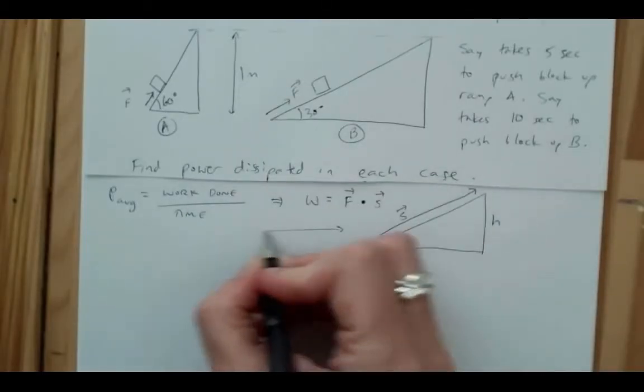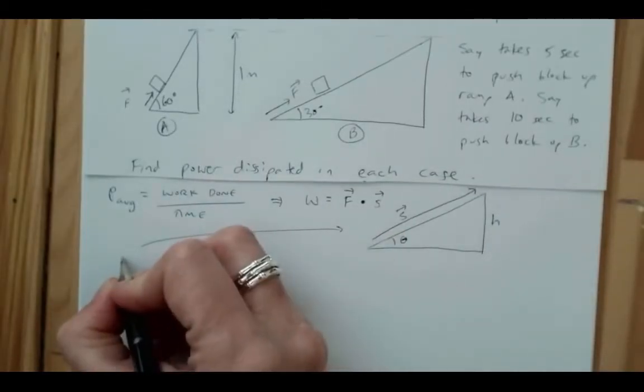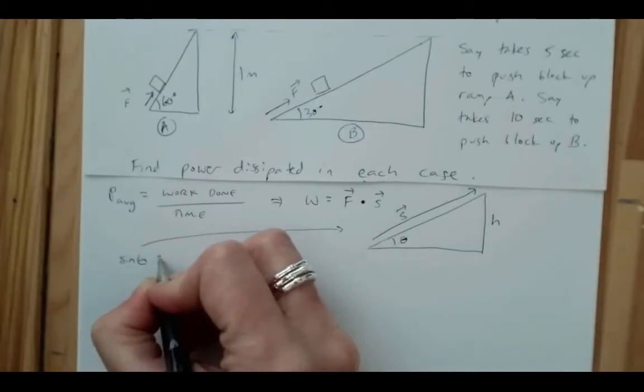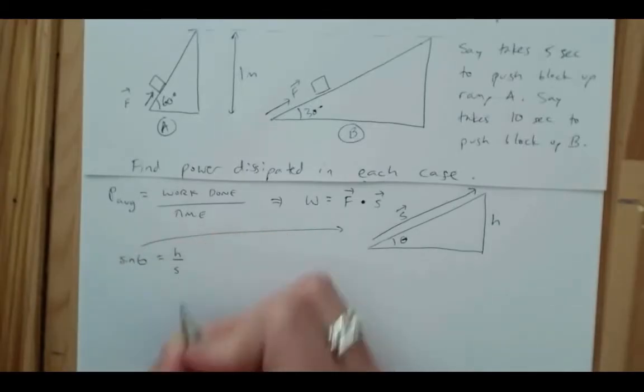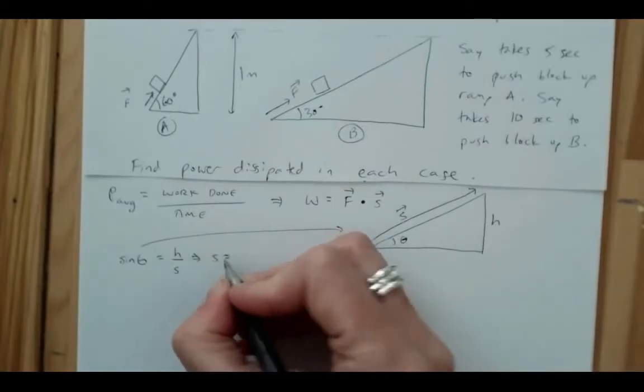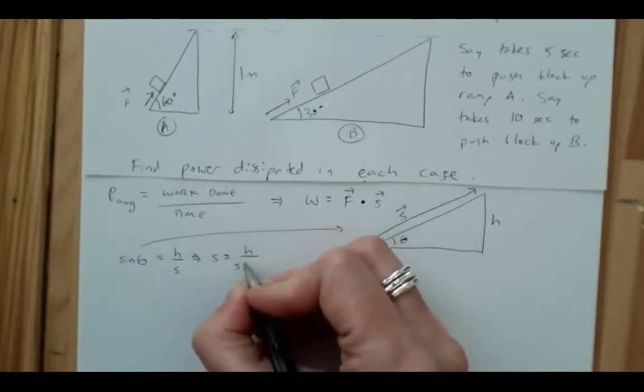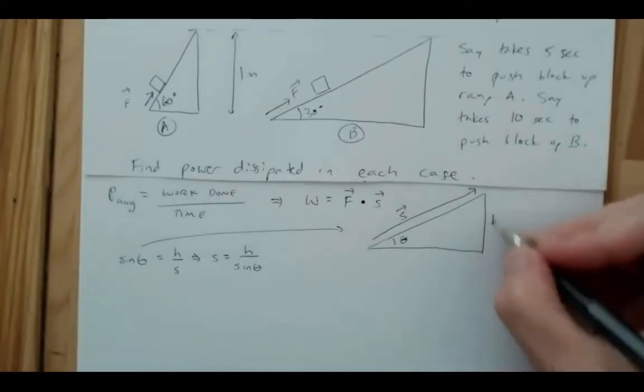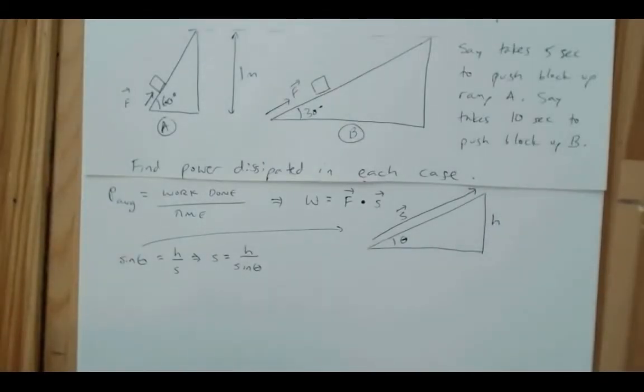From this, we can say that the sine of theta is equal to h over S. And so S is equal to h divided by sine theta, the height of the ramp divided by sine theta.